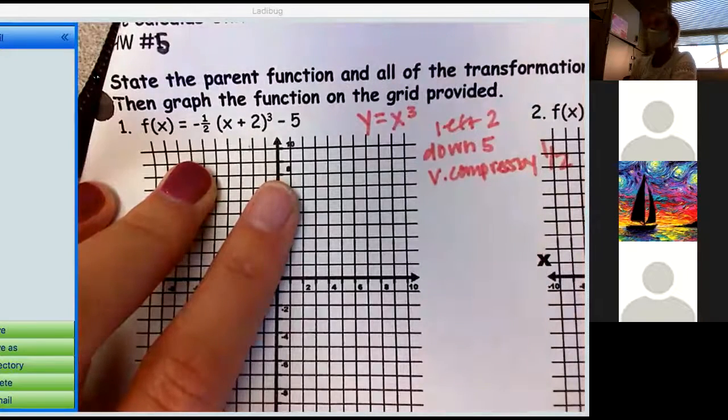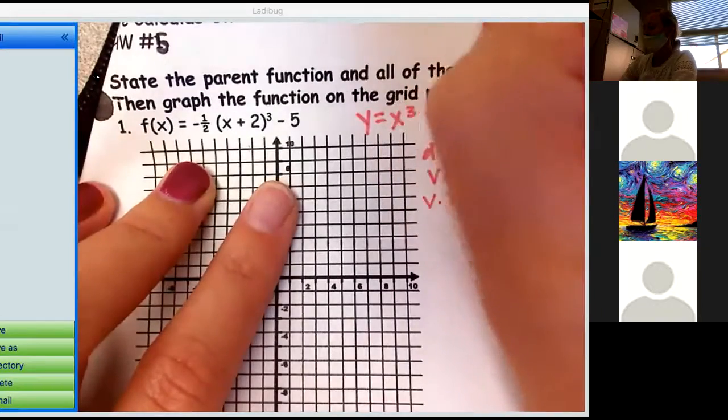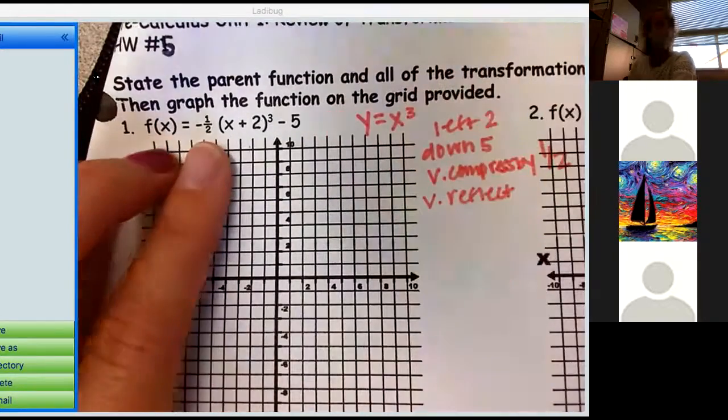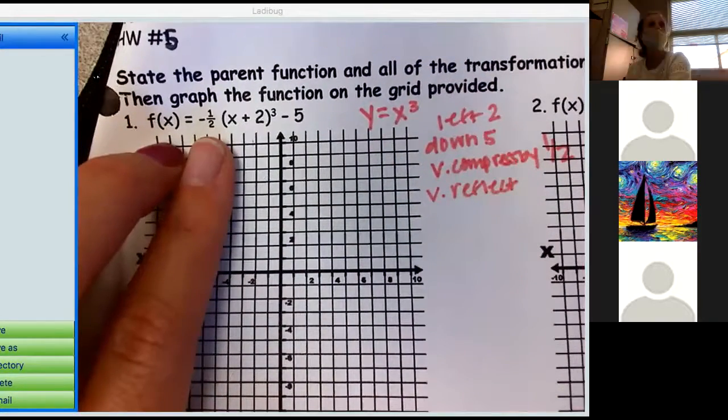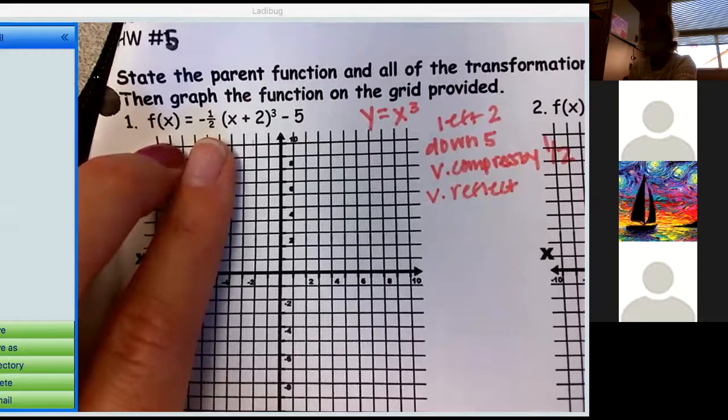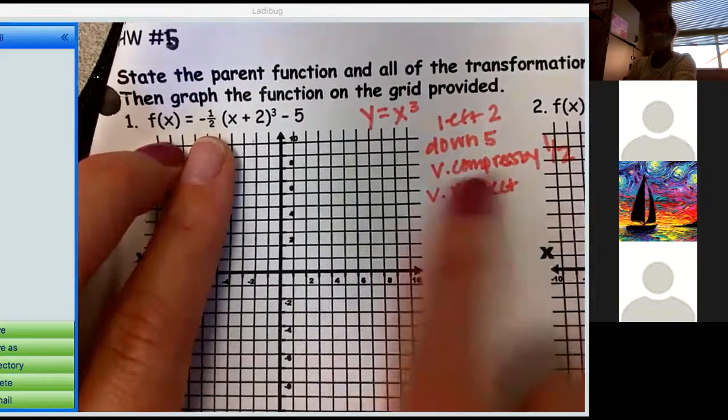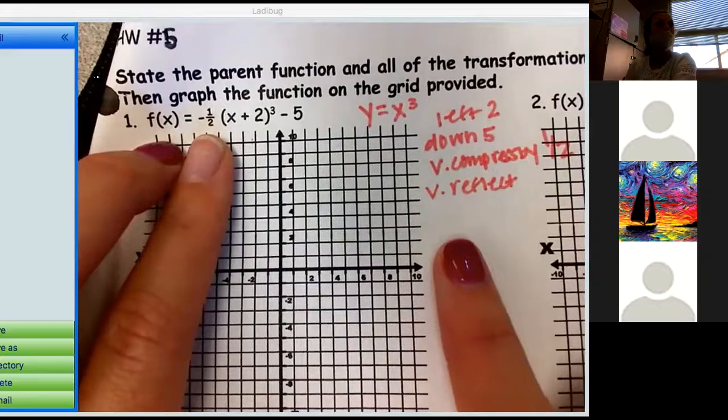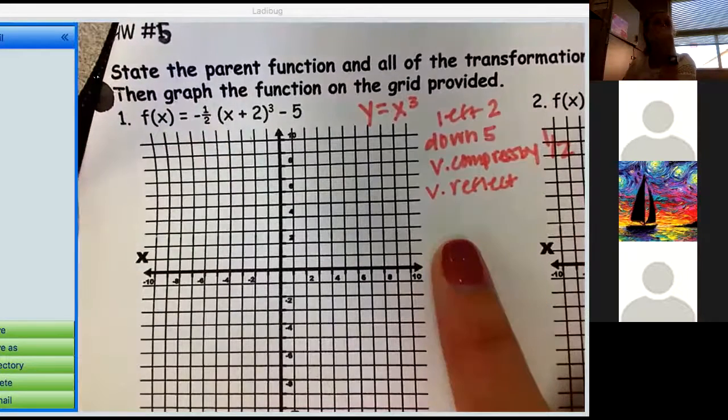And very good, Ross. Vertical reflection because there's a negative. A lot of y'all, when you got down to 5 and 6, didn't even check for reflections, stretches, or compressions. So yes, it's usually pretty easy to see the shifts, but we got to check for everything, okay? Questions on the transformations part?